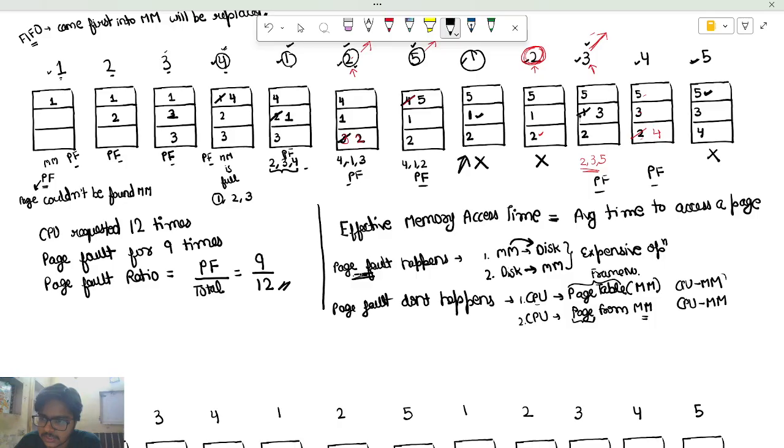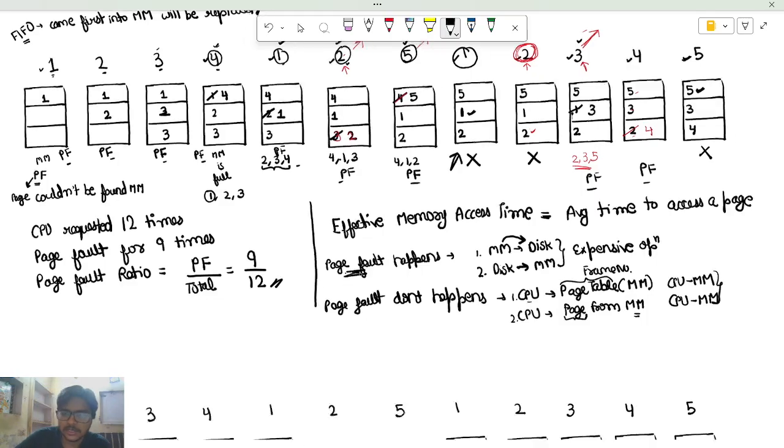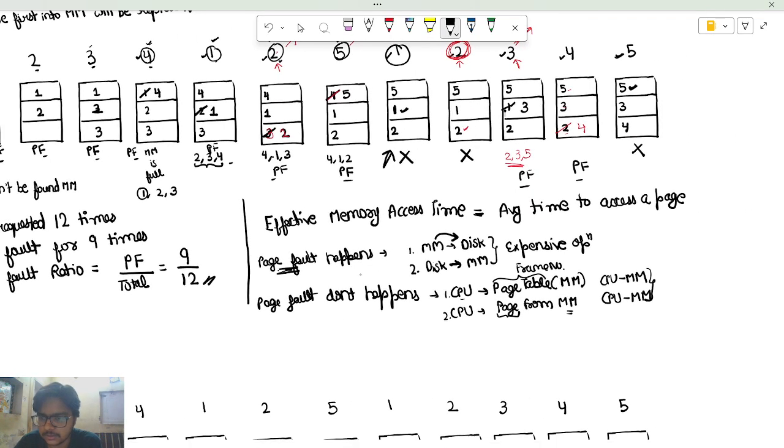This is very fast as compared to these two operations. Therefore this particular term has a special importance.